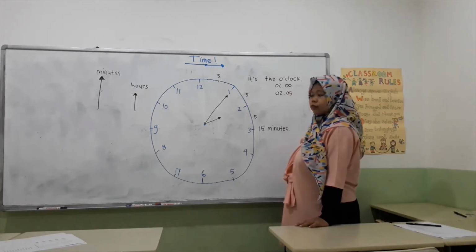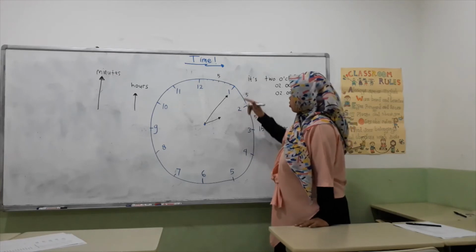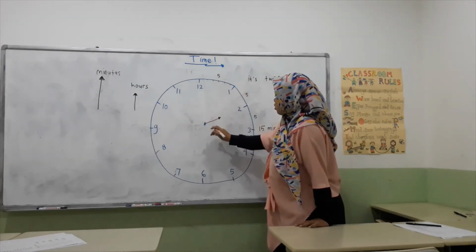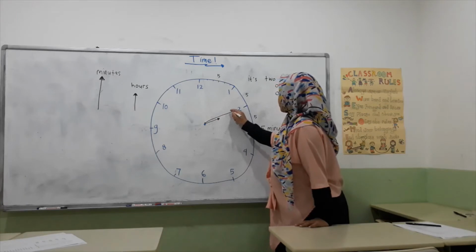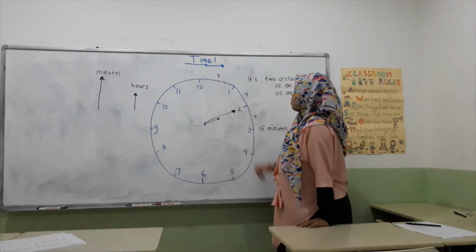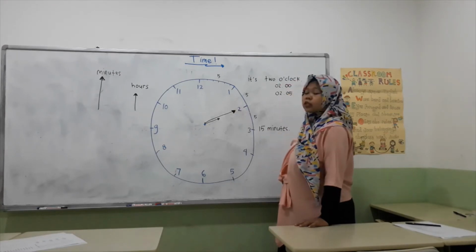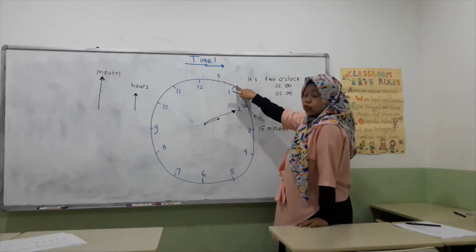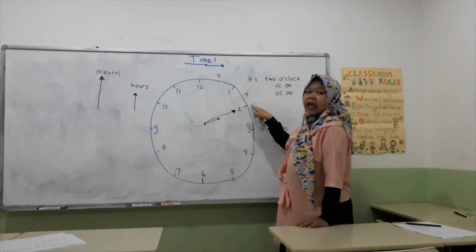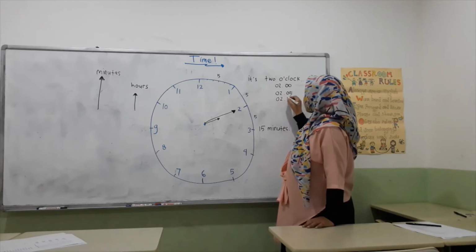And if the long arrow is on number 2, we just need to add 5 more minutes. Just now it was 2:05. Now if it's here, add 5 more minutes, it becomes 2:10.